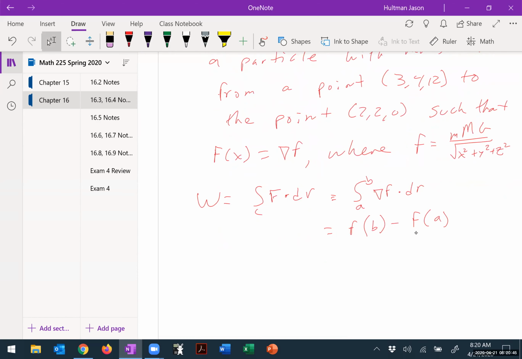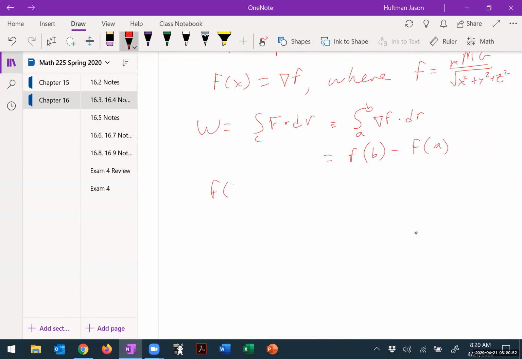So I just have to figure out, well, what's f evaluated at b? Well, b is my second point, so that would be (2, 2, 0). This is my point in space, right? My x, y, and z.